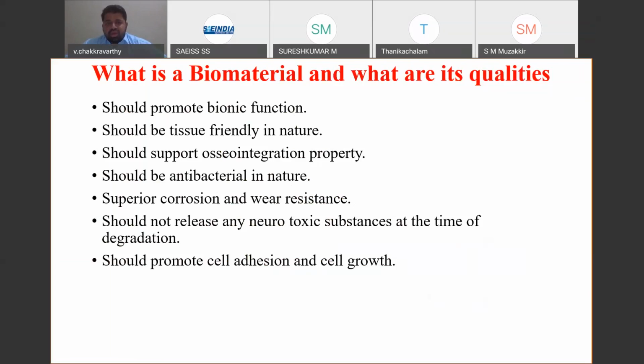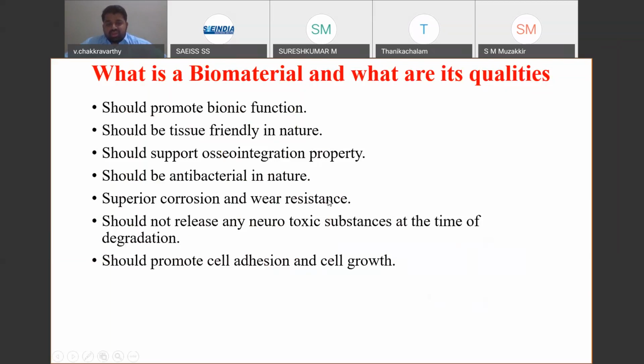Magnesium is a well-known material which is very biocompatible, but it has a very poor corrosion resistance. That's why a lot of ingredients like reinforcements were added with magnesium to improve the corrosion resistant properties, so that the degradation resistance could be increased.